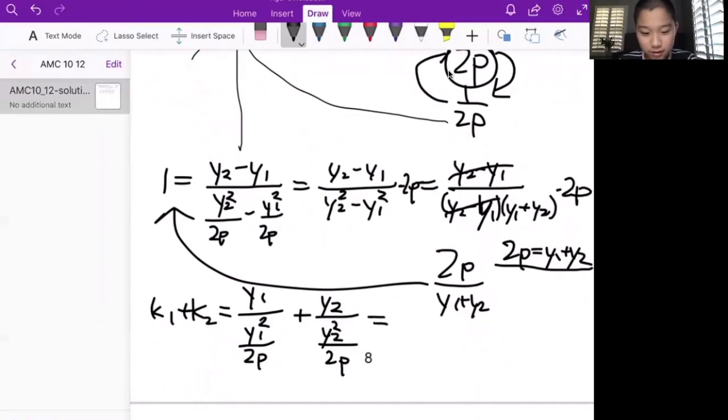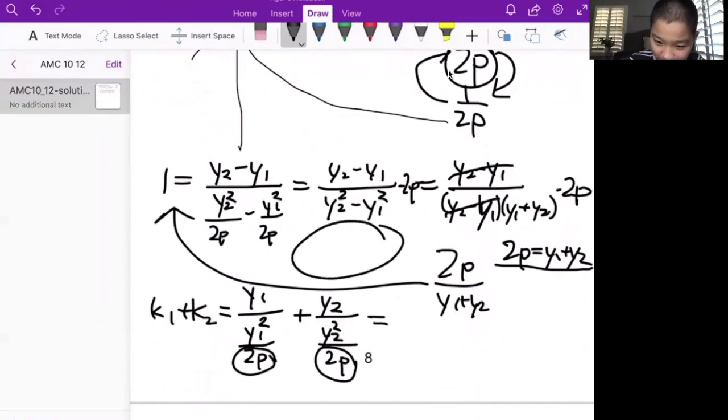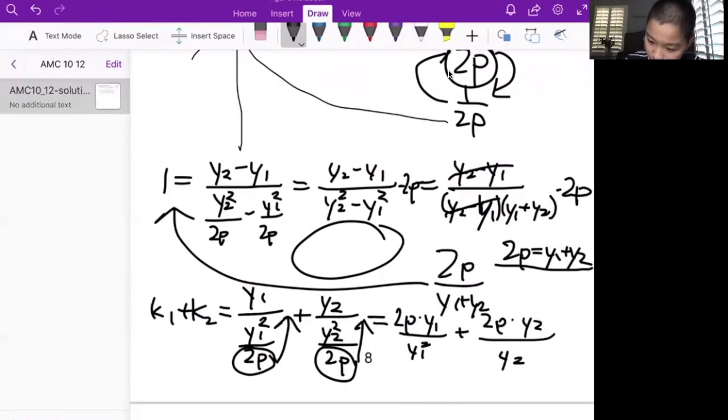So the 2p's are in the same place, so I can bring it up there. We can do that. And so that becomes 2p times y1 over y1 squared plus 2p times y2 over y2 squared.